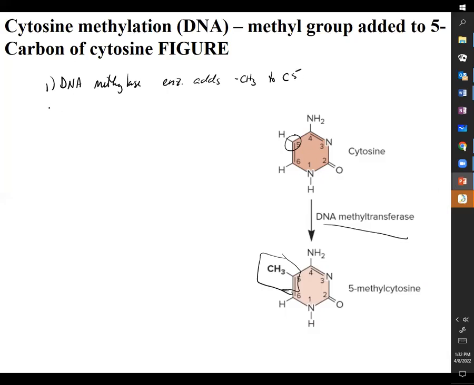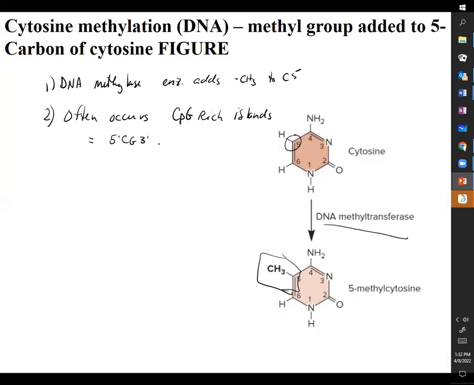This happens in regions, even though it's above the genome and it's independent of the unique DNA sequence, it often occurs at CG-rich regions, which we call CpG-rich islands. And so all this means is that it's sequences that are heavily enriched in CG sequences, and that's 5' to 3' CG.